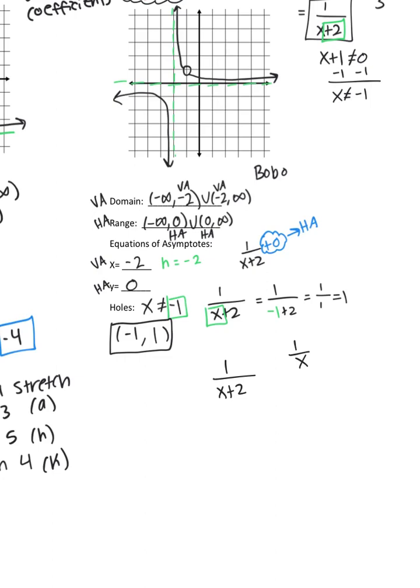So numerator in the parent function is 1, numerator here is 1. We have no vertical stretch or shrink or anything like that. The only thing that's happening here is this +2. So if my h is equal to -2, remember we always flip the sign on h, I'm going to be moving to the left 2. And that's the only transformation that's happening there.